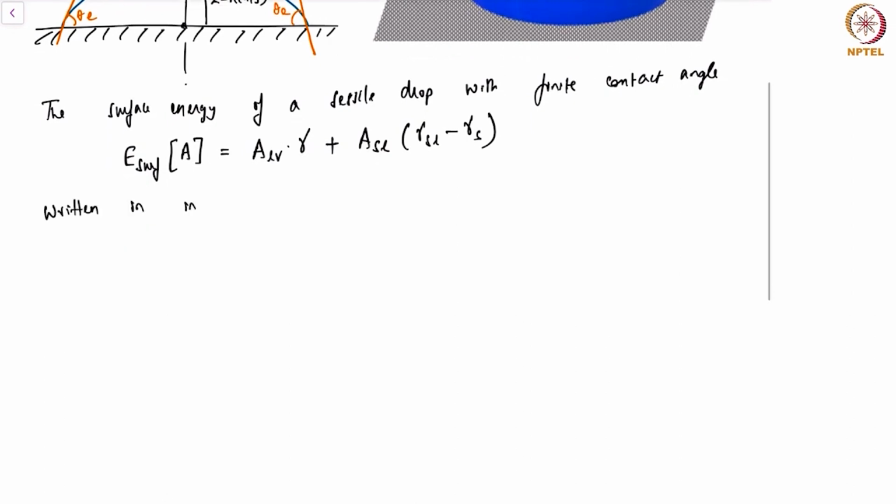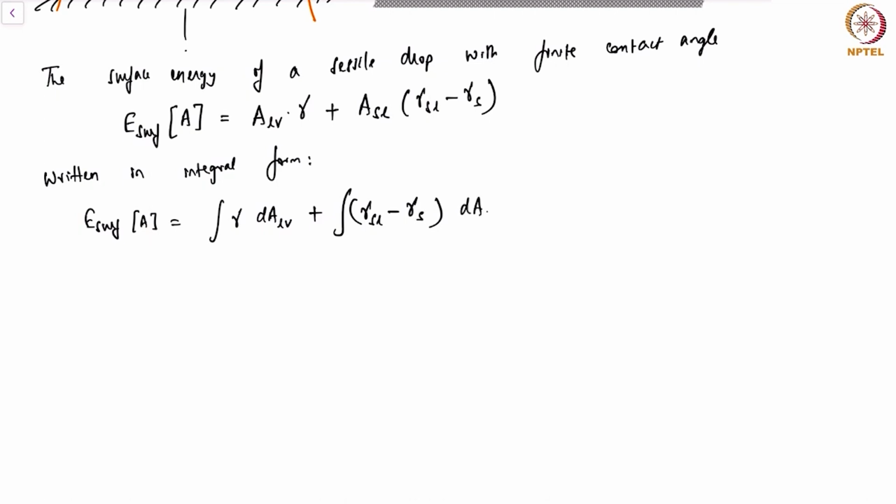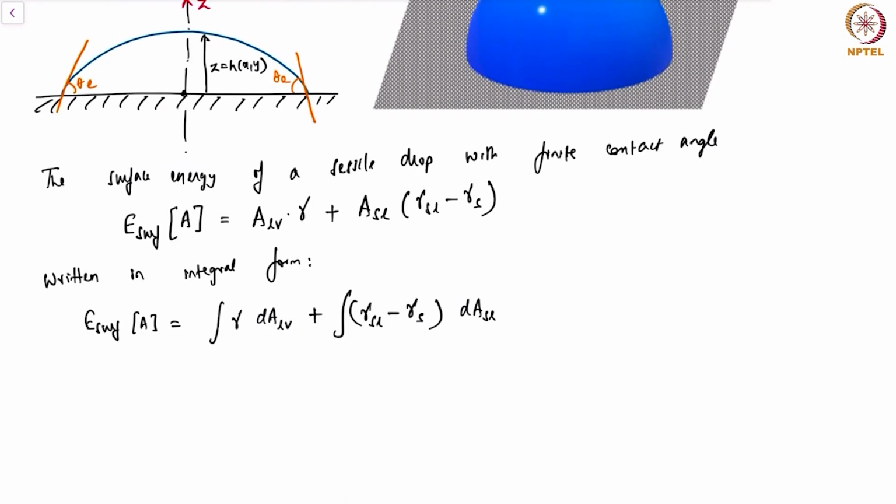Written in integral form, we simply get E surface of A becomes gamma times the integral of dA_LV, where it's the elemental area element of the liquid vapor interface, plus the solid liquid minus gamma SV, sorry, this is the solid, times the area element along the solid interface.